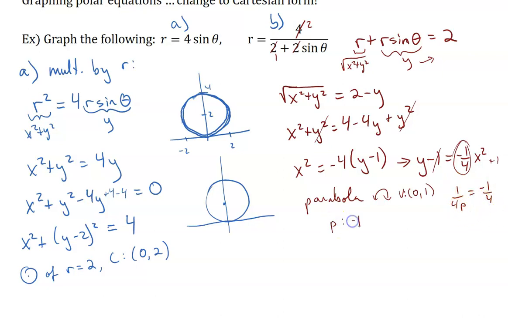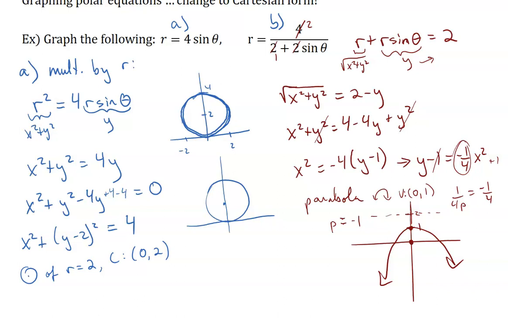So since p is negative 1, then I know that I have a graph with a vertex a little bit higher, at 0, 1. Okay, the focus is going to be at the origin because it is 1 unit below here, and then the directrix would be at y equals 2. So there's our directrix, and this opens downward, something like that.